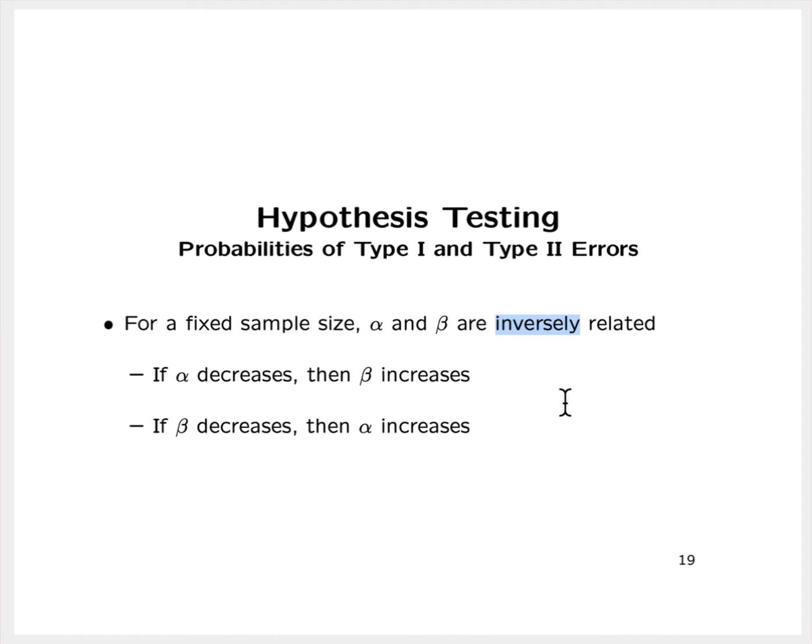In other words, if we decrease the alpha that we're going to use for a test, we necessarily increase beta. And if beta decreases, then alpha increases. We could also say here that if we increase alpha, then beta will decrease. So that is the relationship in general between alpha and beta.